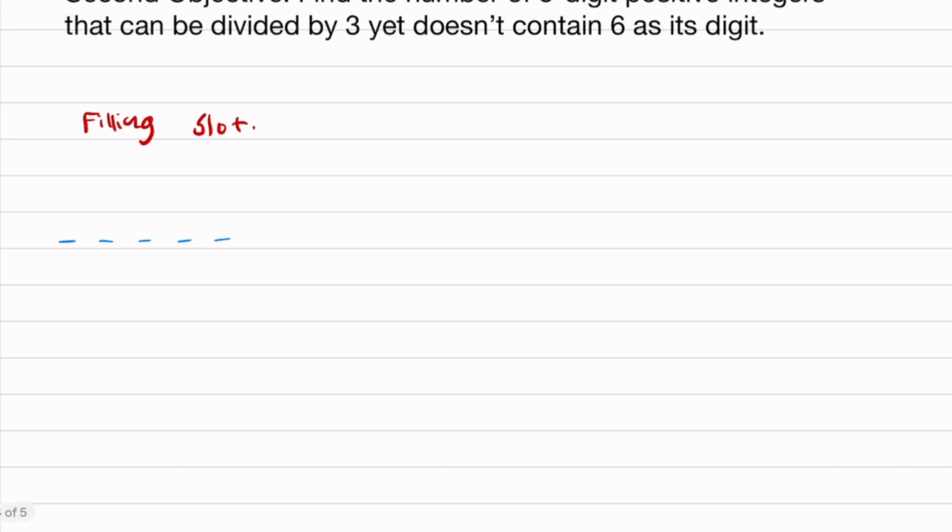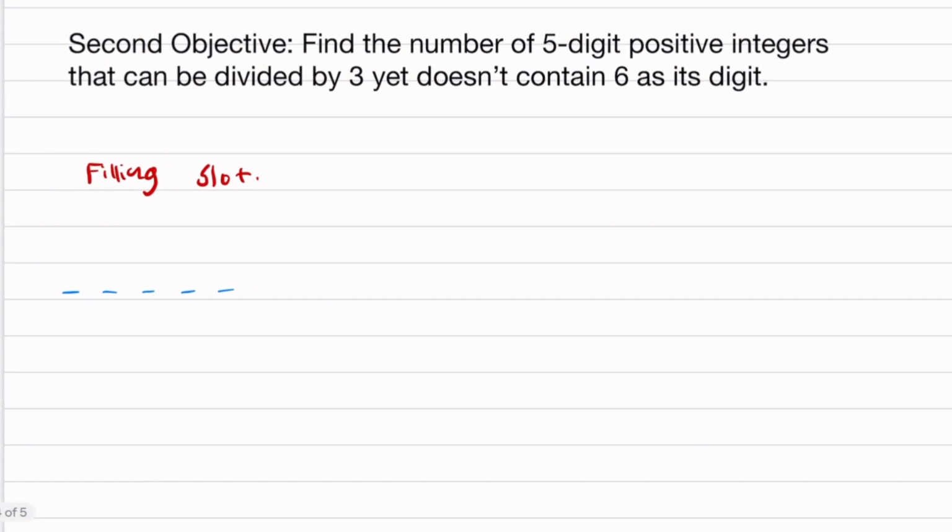This is the spot for the 5 digits, which will later construct a 5-digit number. Now we want to see how many numbers can be filled into the first spot, which is the 10,000 spot.